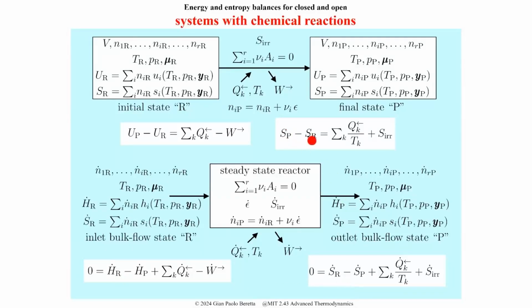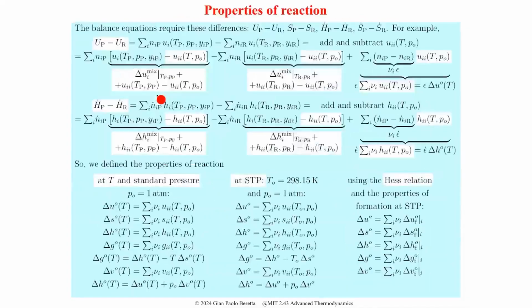These differences, yes, it is true that we can write them, we know how to write them. Except that we have to learn a proper way to deal with the fact that the composition is changing here. So some molecules are disappearing and some are appearing that have different properties. And therefore, we have to be careful in how we take reference values for these properties. And this is done here.